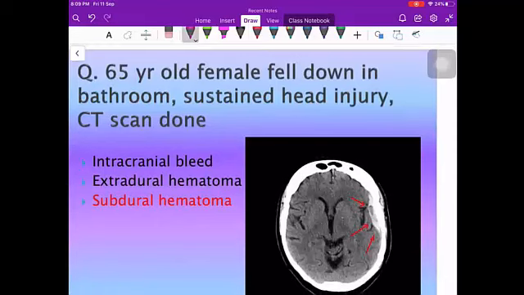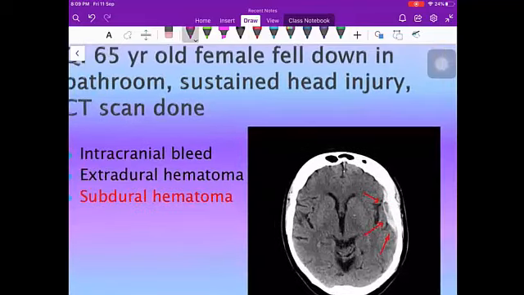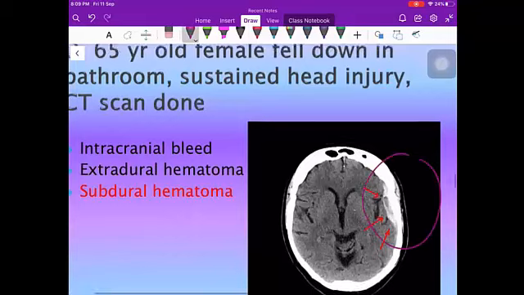Next question, a 65-year-old female with a history of falling down in the bathroom and sustaining a head injury. The patient was taken to the hospital and a CT scan was done. Is it an intracranial bleed, extradural hematoma, or subdural hematoma? Such kind of image.